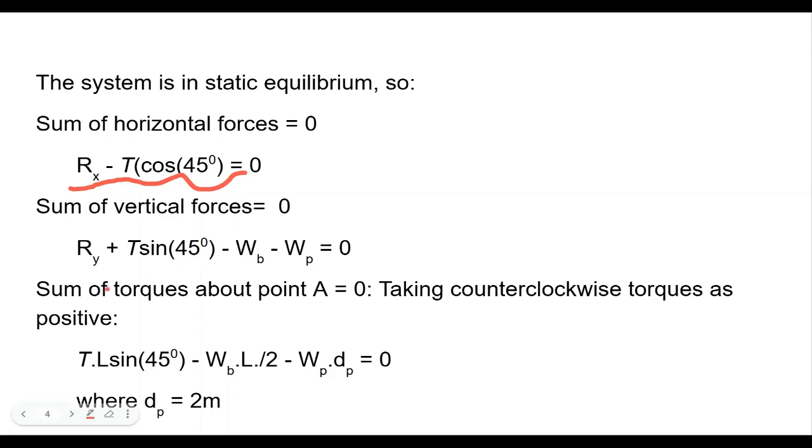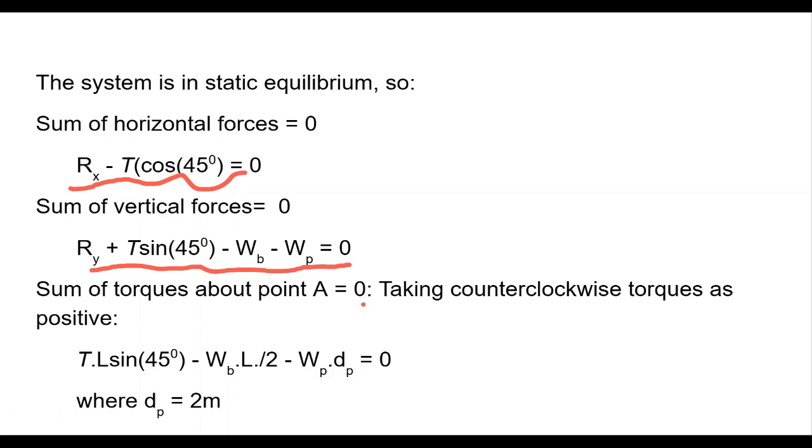Then the sum of vertical forces, that is sigma Fy equal to 0, as we have discussed before. We are taking Ry plus T sine 45 minus the weight of the person minus the weight of the beam acting. So we have found both the horizontal and vertical force equations.